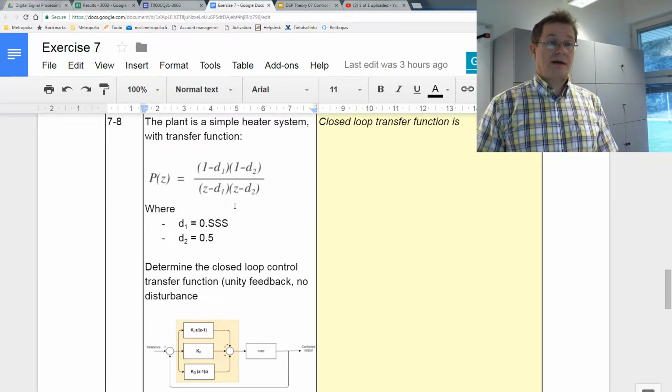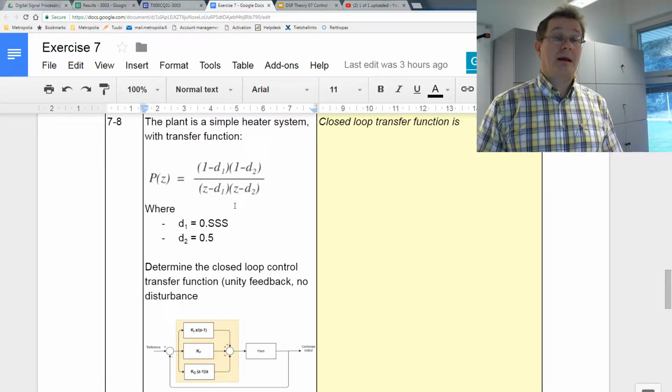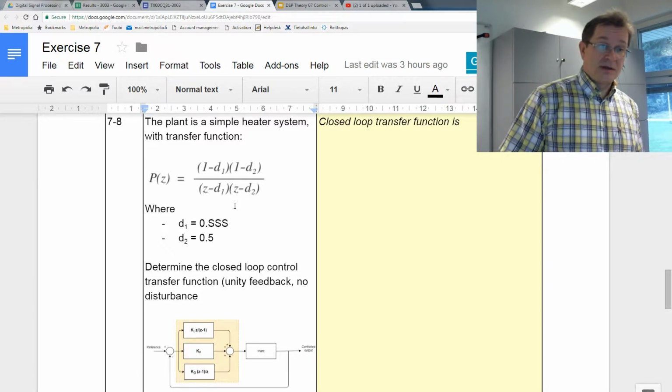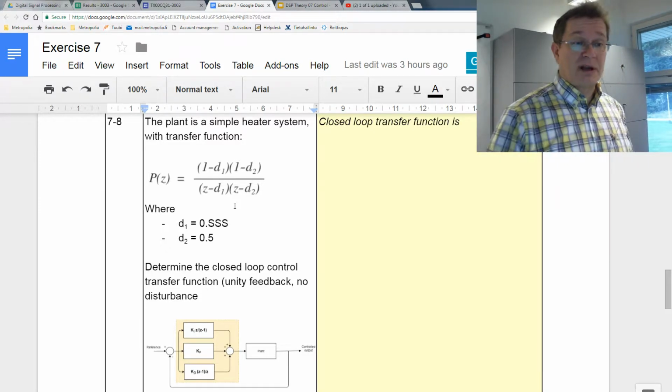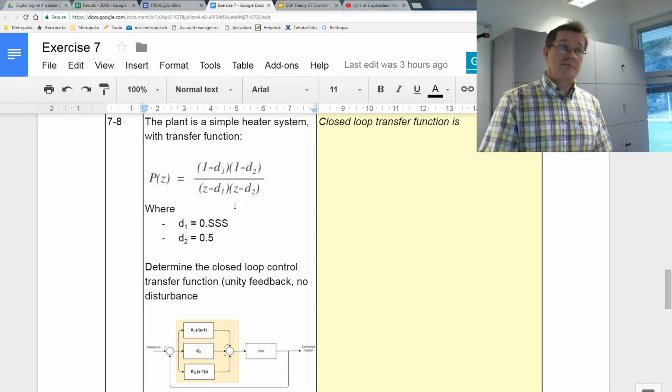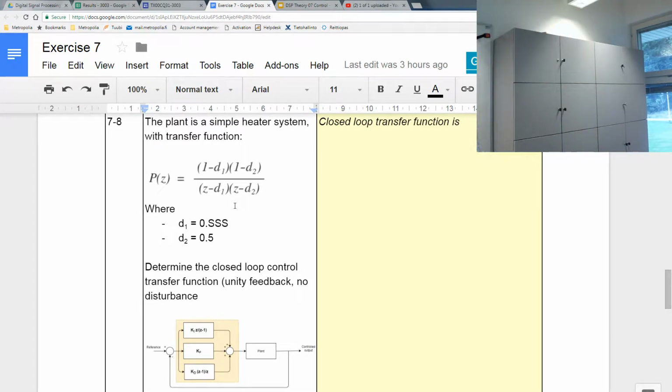Okay, then 7 and 8 is to apply this controller in a closed loop controlling loop. So basically there are a couple of parameters, and the plant is a simple heater block, meaning a system which has two real poles.